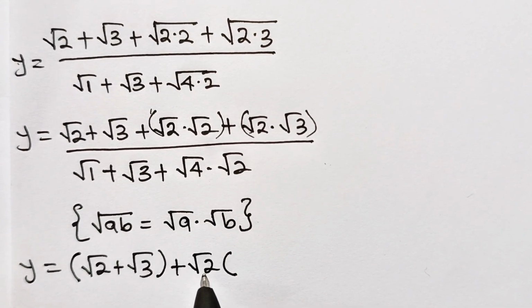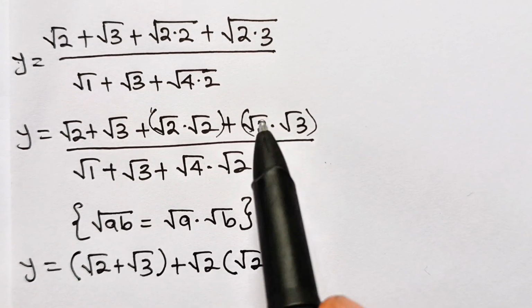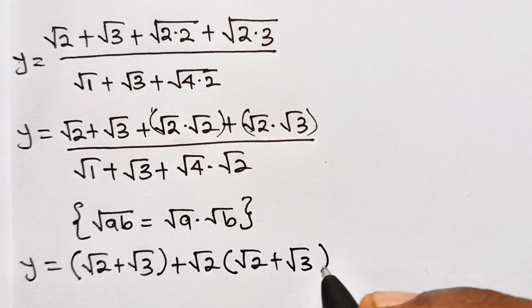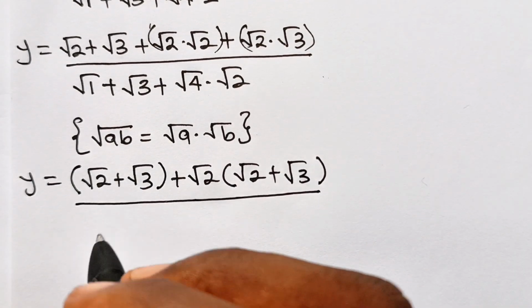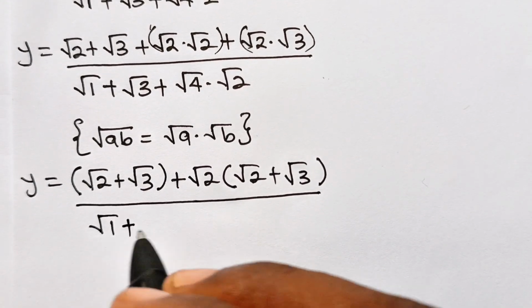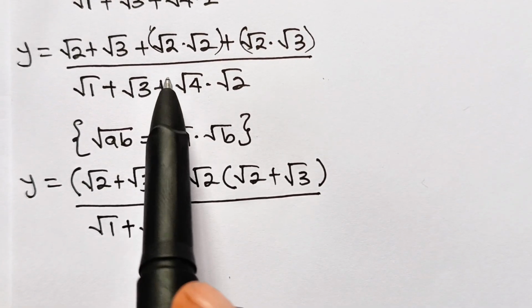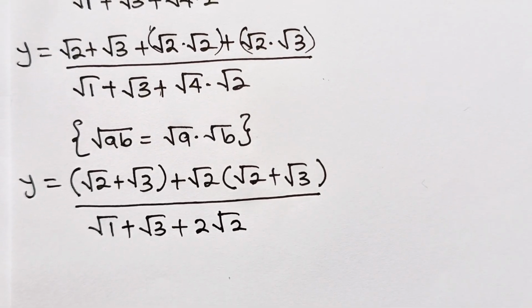When this is divided by this, we have root 2 remaining. When this is divided by this, we have root 3 remaining. Divided by root 1 plus root 3 plus, now root 4 is the same thing as 2 root 2.